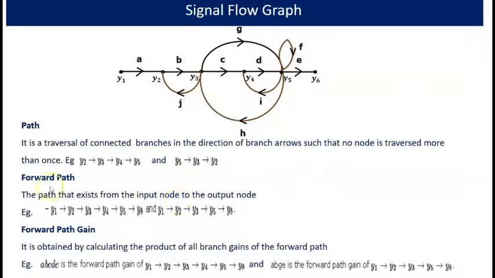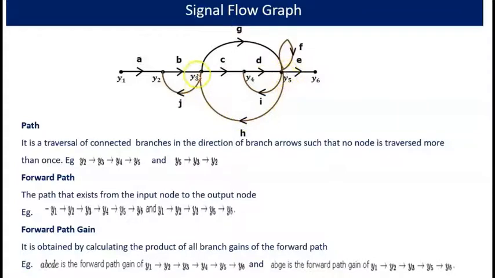Now what is a path? It is the traversal of connected branches in the direction of branch arrows such that no node is traversed more than once. We have to travel along the direction of branch arrows. Examples: y2, y3, y4, y5 along the direction of branch arrows.